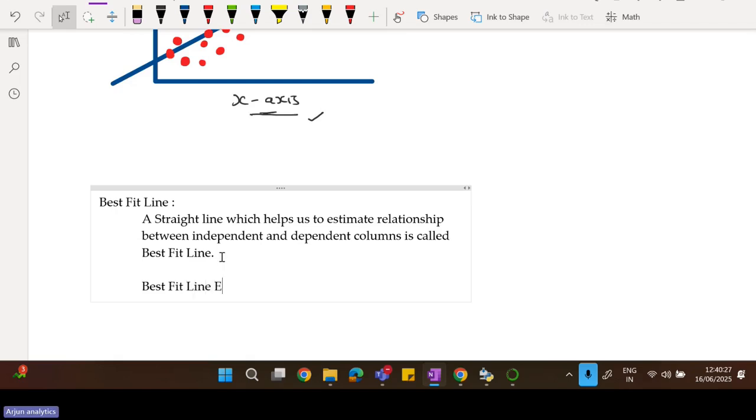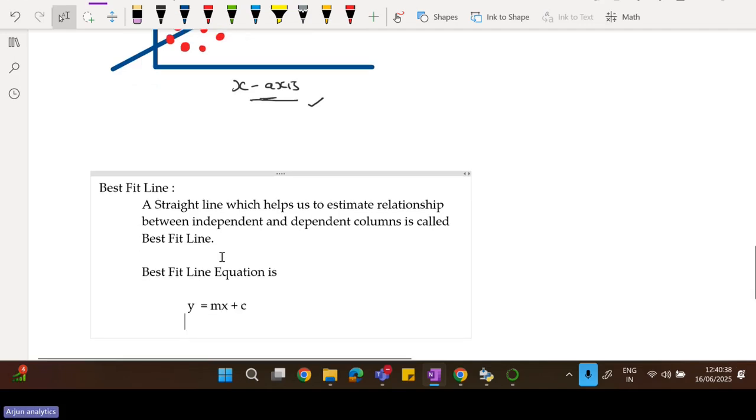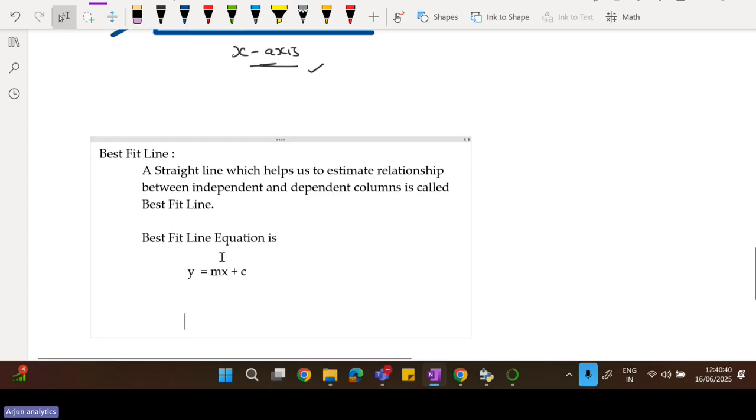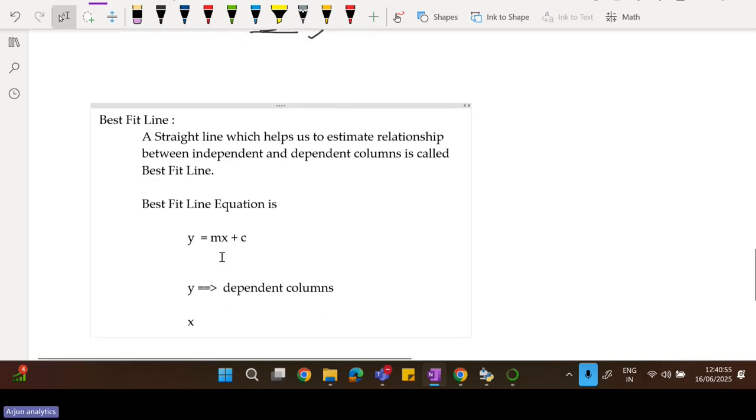The best fit line equation is y equals mx plus c. Now y is nothing but our dependent column, and x is the independent columns.